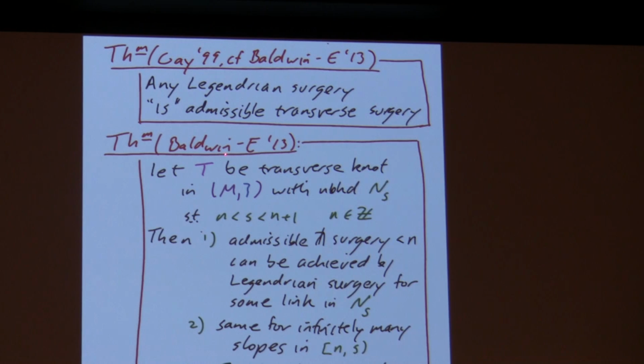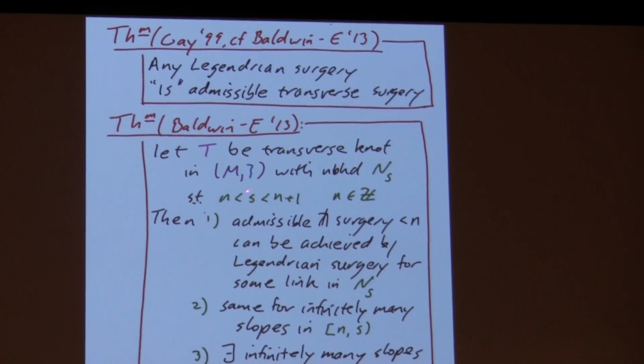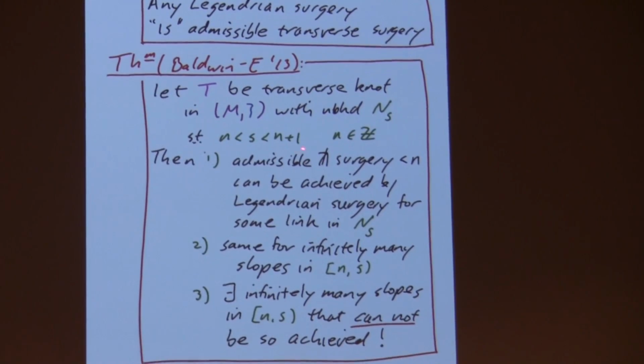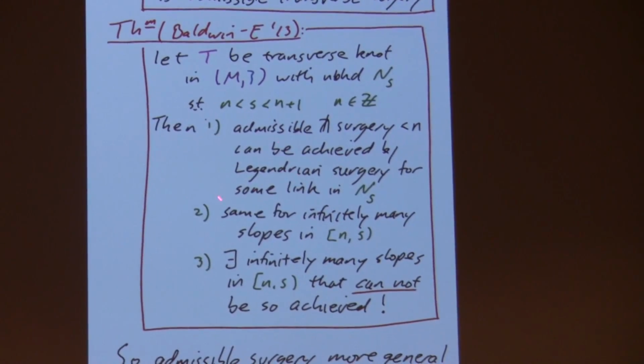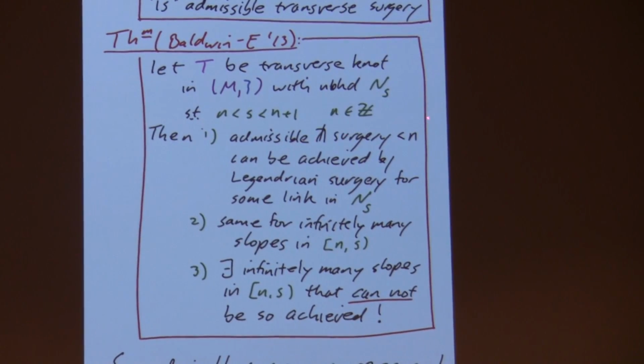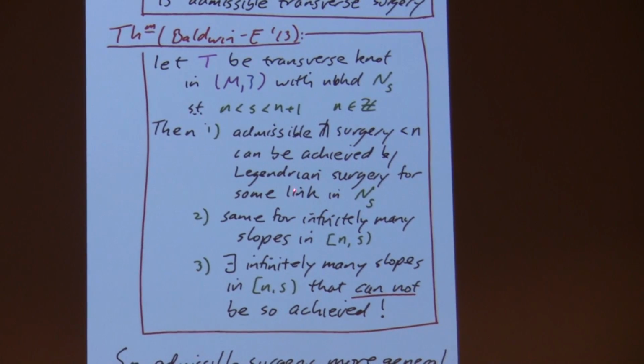So John and I could actually work out the following little more refined version of this theorem, that basically, suppose you have a neighborhood of your transverse knot so that the slope that you can get out to is somewhere between two integers. Well, it turns out that every admissible transverse surgery less than n can be done by a Legendrian surgery. So it's kind of the converse to that theorem, right?